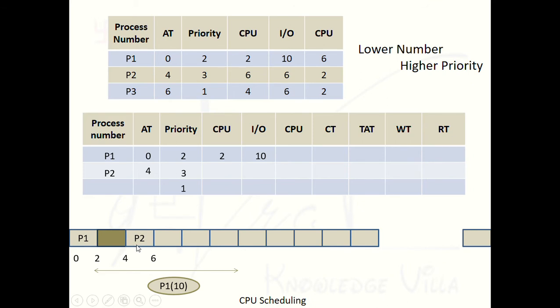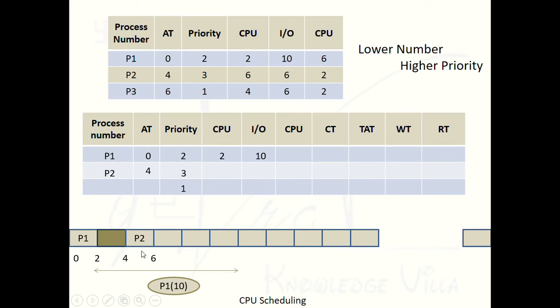So we have to stop process P2 in between the execution and allocate the CPU to process P3. It's called preemptive mode. We stop process P2 in between the execution after executing for 2 time units, whereas P2 actually requires the CPU for 6 time units. So we are stopping P2 after 2 time units and putting P2 into the waiting state.